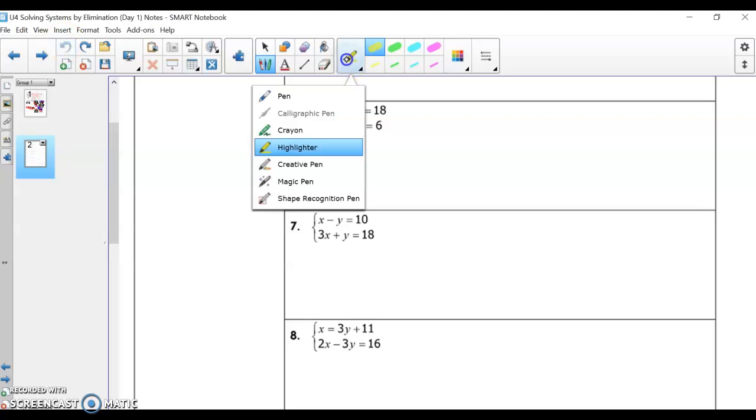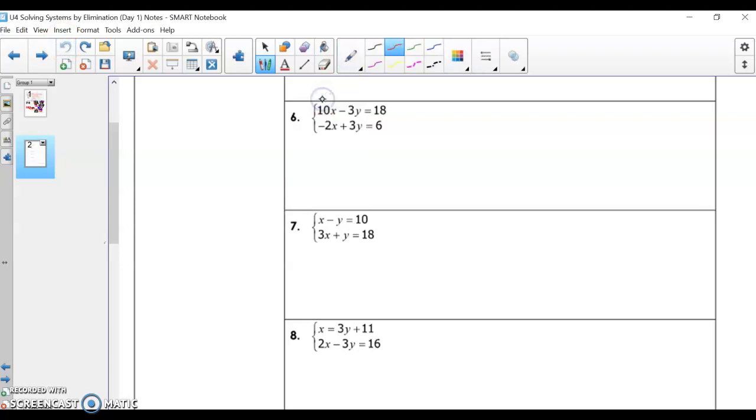So the next step is to look for those variables that have common numbers. In this case, I have a 10 and a -2 with my X's. Those aren't common, so get rid of those. With the Y's, however, I have -3Y and 3Y, so they are the same number.